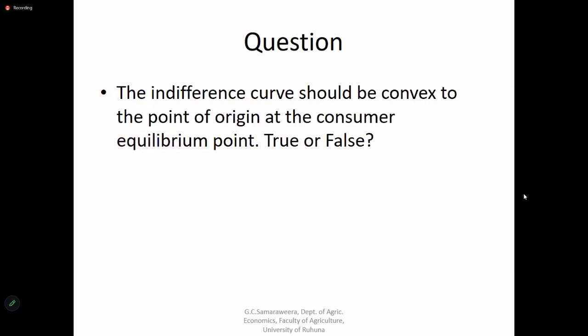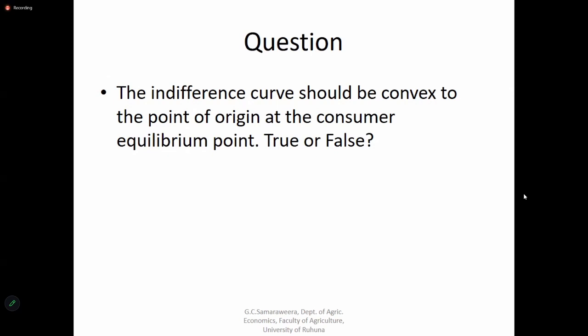Okay, I'll ask one question then. The indifference curve should be convex to the point of origin at the consumer equilibrium point. True or false? Very easy question. What's your answer? 50% chance. True or false?